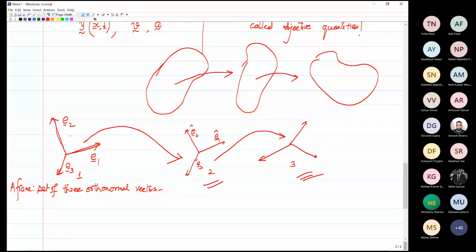For example, Ei hat will be equal to some rotation Q times Ei, or Ei tilde will be equal to some rotation R times Ei. So you can relate them through rotation.